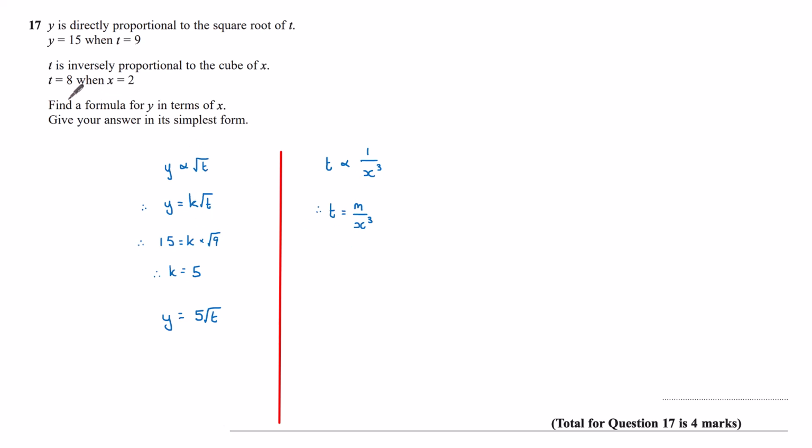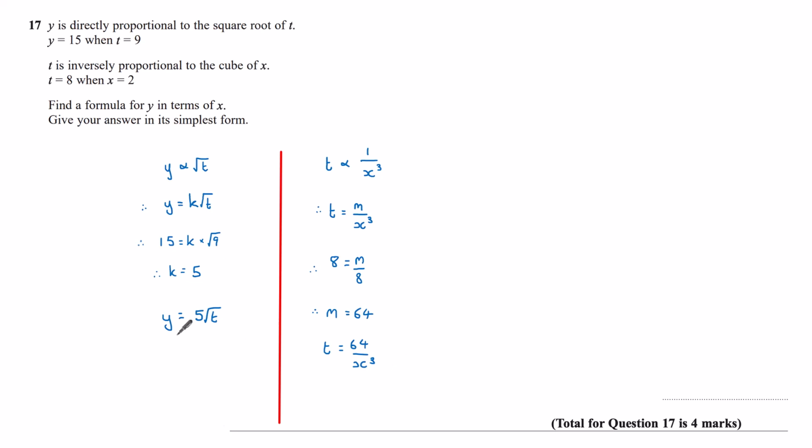Substituting in the values for t and x, so that's t is equal to 8 when x is equal to 2, so 2 cubed gives me the value 8. Multiplying both sides by 8 here gives me the m value is 64. So my constant is 64, so I can write my equation as t is equal to 64 over x cubed.